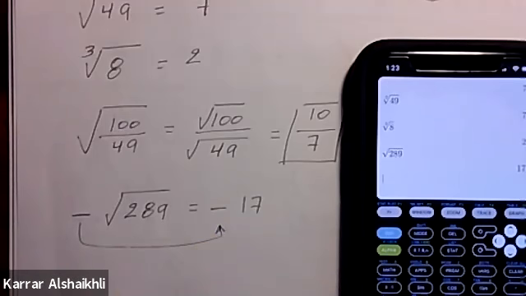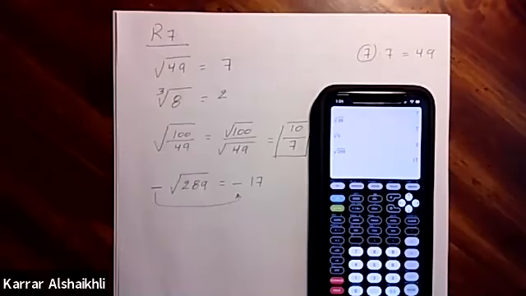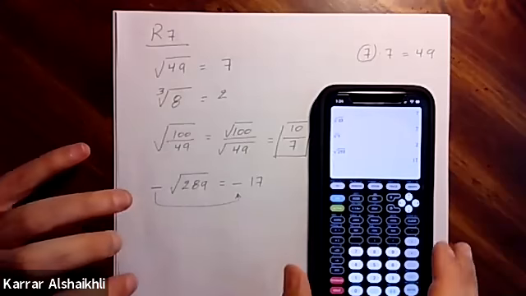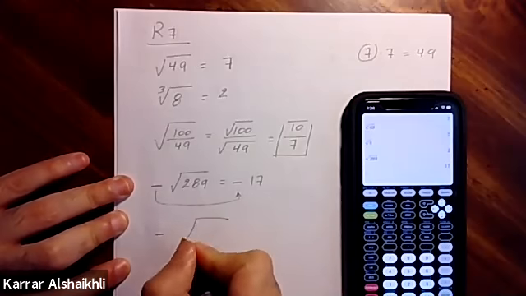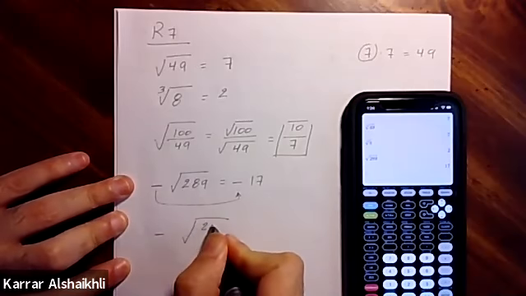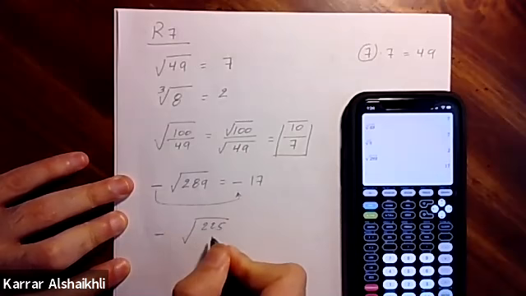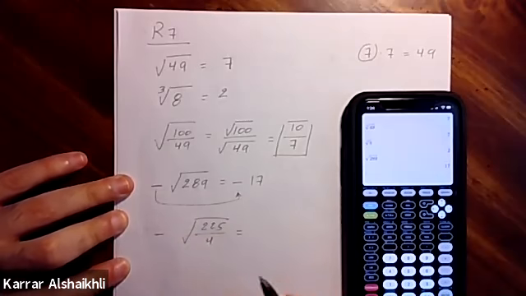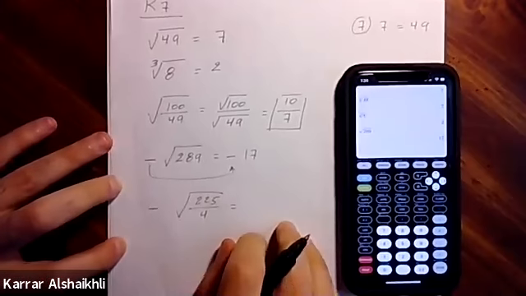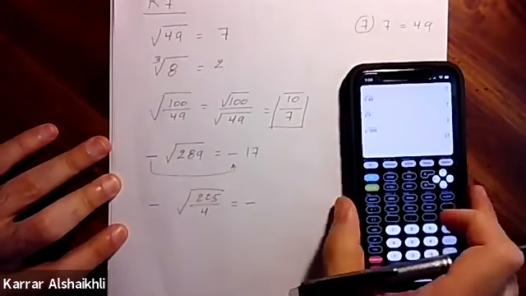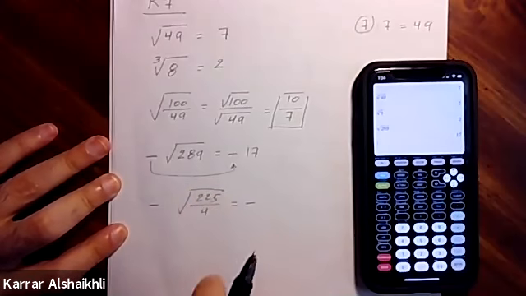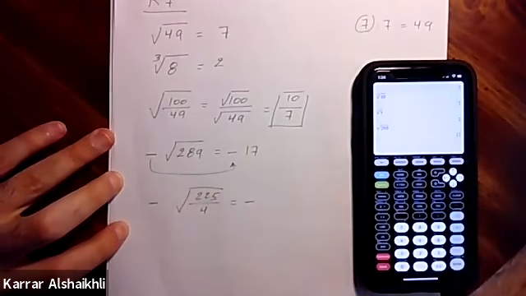If they ask you to find the negative square root of 225 over 4, we're going to do exactly the same thing. The negative sign is outside the root, so here's the negative sign. I'm going to distribute the root on the top and on the bottom.